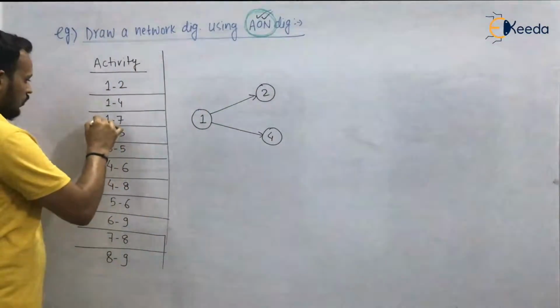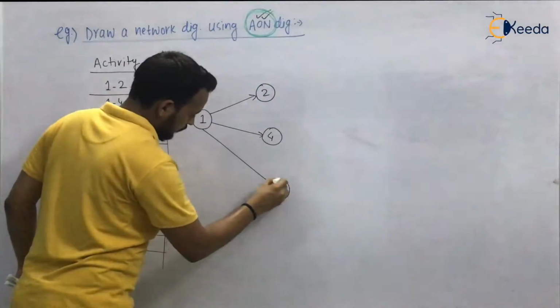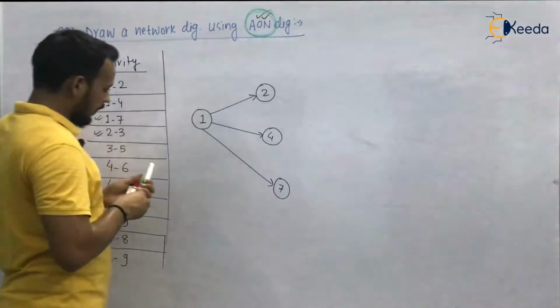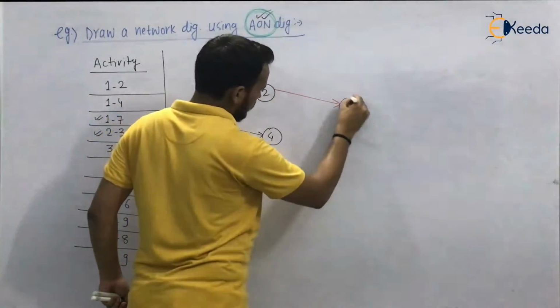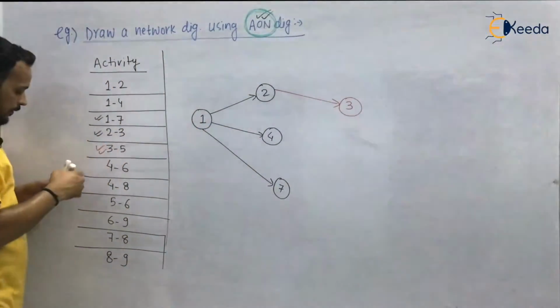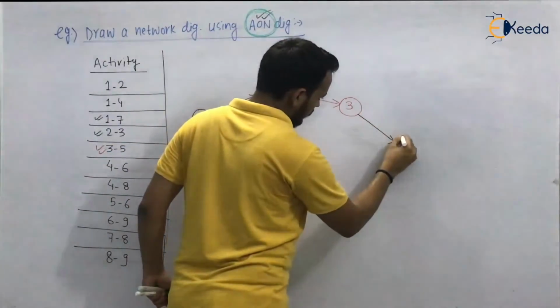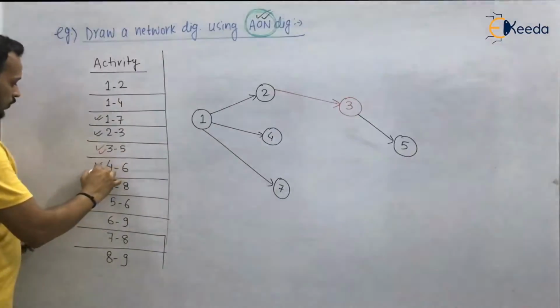Now 1 and 7. Now 2 and 3. 3 and 5. Just keep moving it like this. 4 and 6.